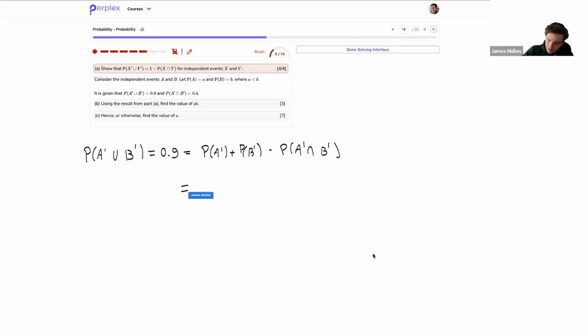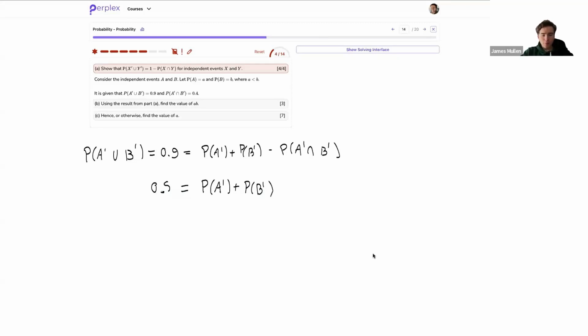And I know that this thing here is 0.4. So that means that 0.5 is equal to P of A prime plus P of B prime. All right, the sum of those adds up to 0.5, okay?